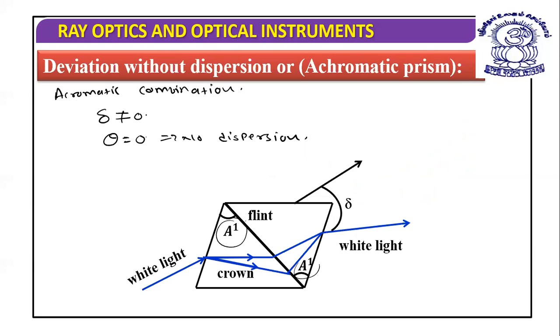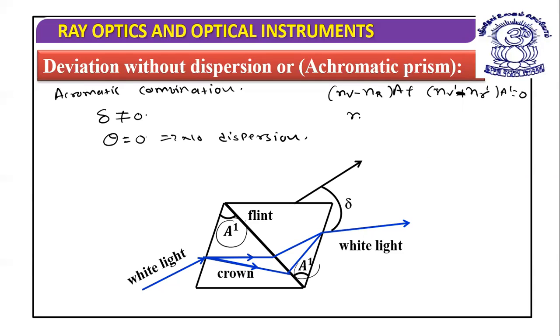Let us find out. The theta is 0, so we can write (Nv minus Nr) into A plus (Nv dash minus Nr dash) into A dash is equal to 0.